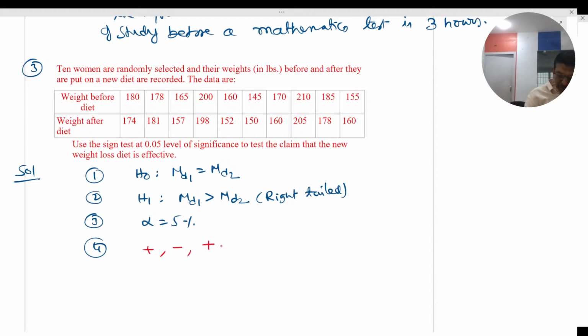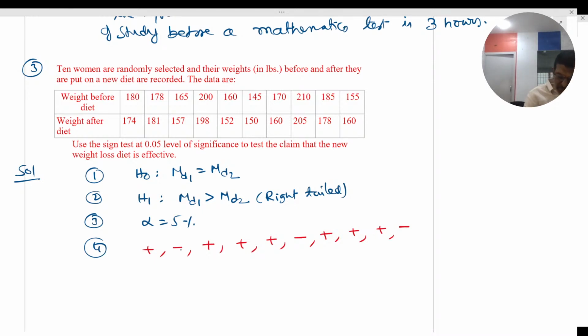Next one is positive sign, positive sign. Next one is positive. Next one is negative sign. Next one is positive. Next one also positive. Next one also positive. Last one is negative sign.